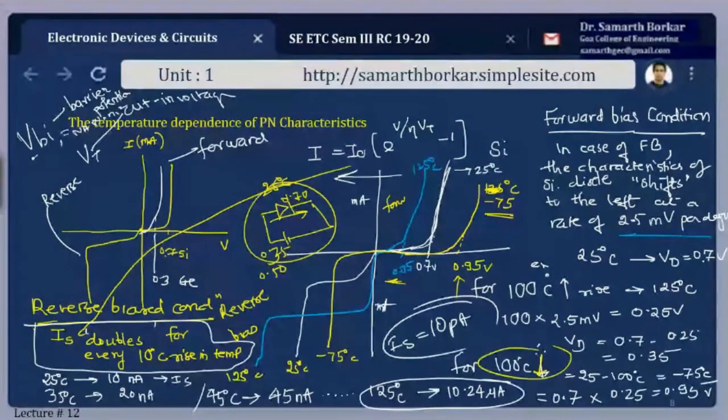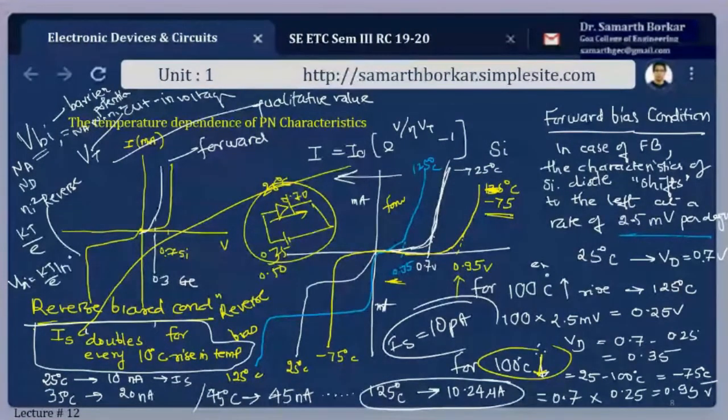But this cut-in voltage is a qualitative value which cannot be fixed for a given diode. This VBI is fixed based upon the value of acceptor concentration, donor concentration, Ni square intrinsic value, and kT by e. If you recollect, VBI is kT by e natural log of Na Nd upon Ni square.